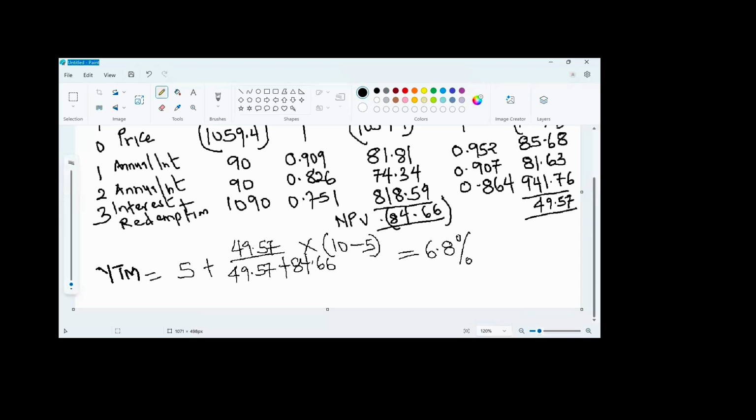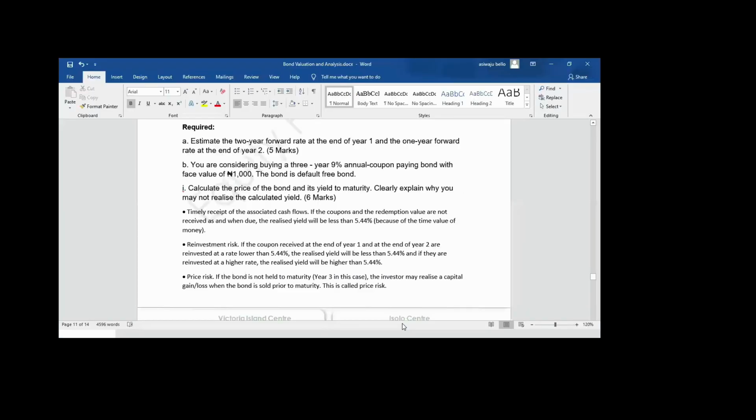We have computed the YTM of the bond. Any question, please? All right. Everything is clear. Back to the question. The examiner says, clearly explain why you may not realize the calculated yield.